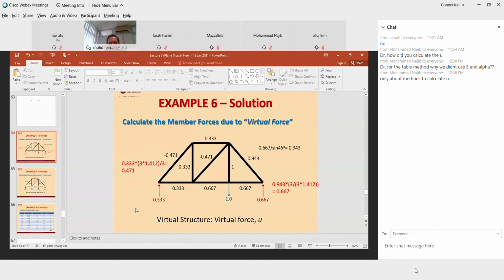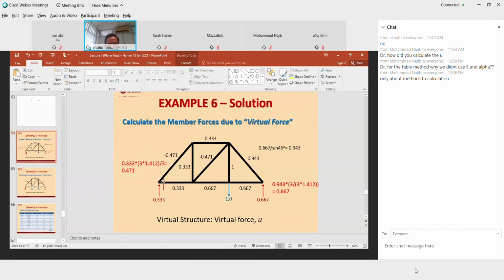But the difference compared to the resolution method is that in the resolution method you have the error, so you know compression or tension. In this case, you have to do a very quick determination whether it is compression or tension. Why is it compression?